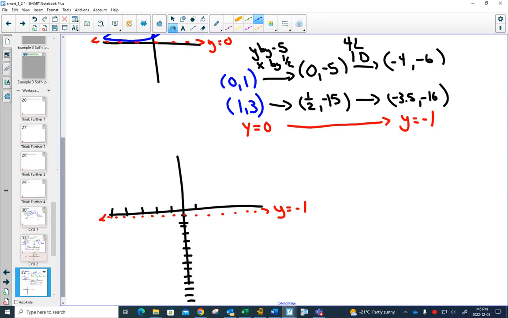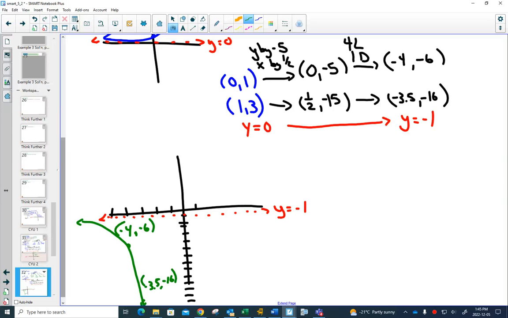I have a point at -4, -6. And at -3.5, -16. Join those points, make it go towards the asymptote, have the same kind of curve as an exponential graph, and you would be done graphing.